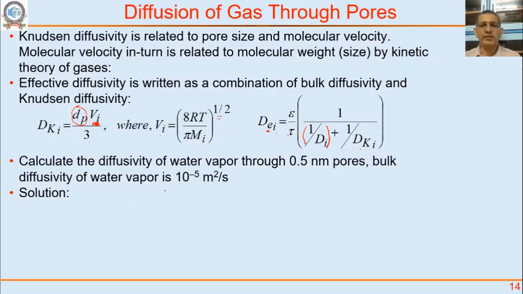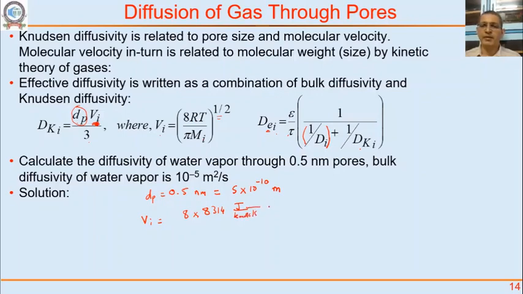So let's just calculate this. So pore size, let's say dp is 0.5 nanometers. 0.5 nanometers means 0.5 into 10 raised to minus 9, means 5 into 10 raised to minus 10 meters. Velocity of the molecule Vi is 8R, take SI units, 8314 joules per kilomole Kelvin.